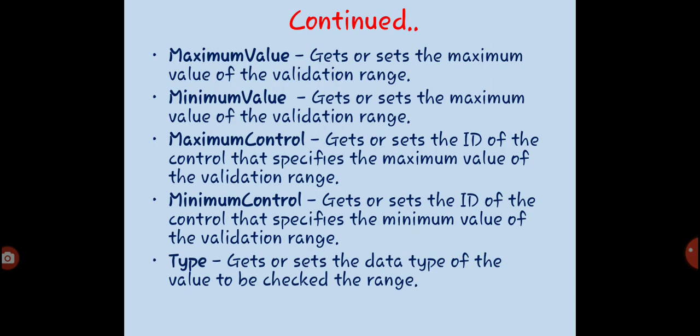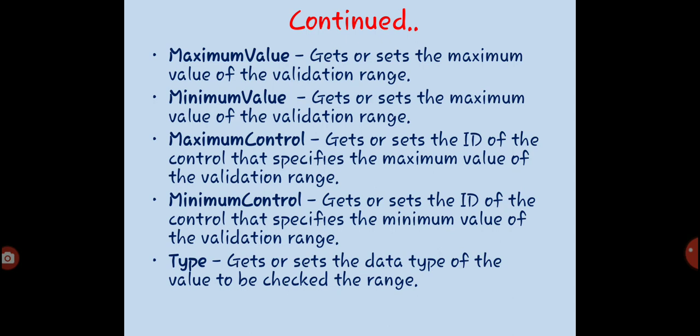For this particular range validator control, there are MaximumValue and MinimumValue, the two properties that get the minimum and maximum values. Then MaximumControl and MinimumControl. We may take the minimum and maximum values from some other controls. For example, if we want to validate TextBox2 through TextBox3 and TextBox4, in TextBox3 we may give 10 and in TextBox4 we may give 20.